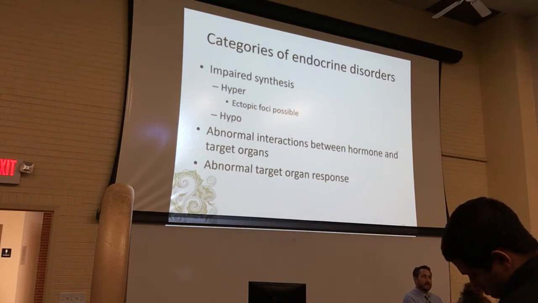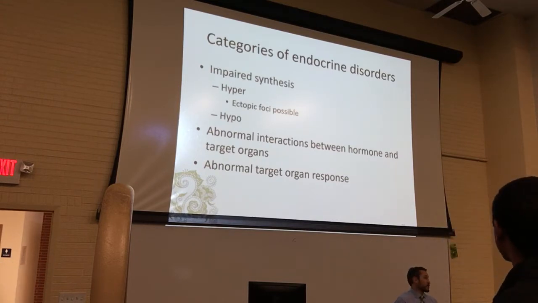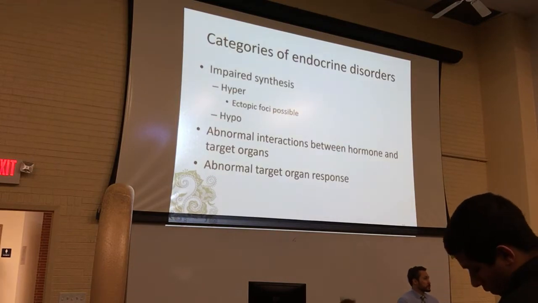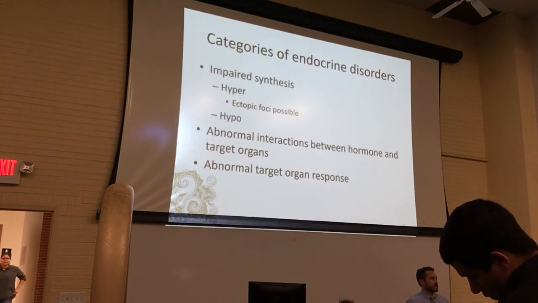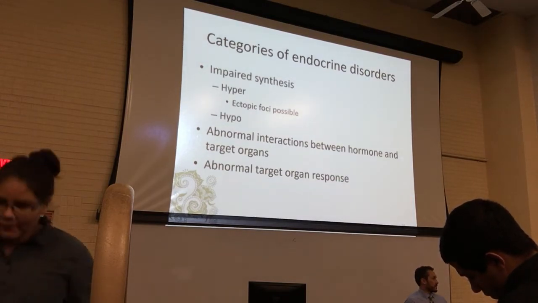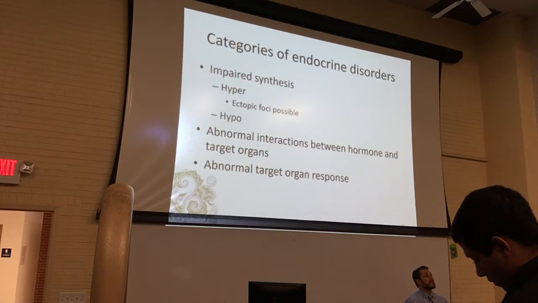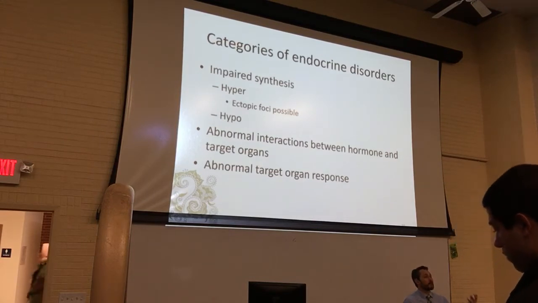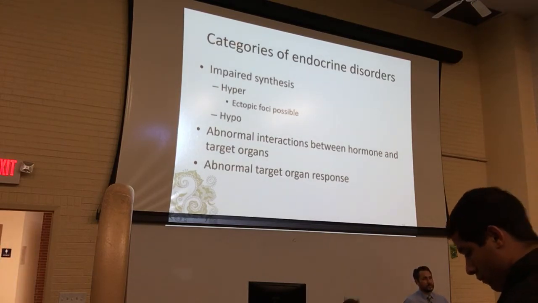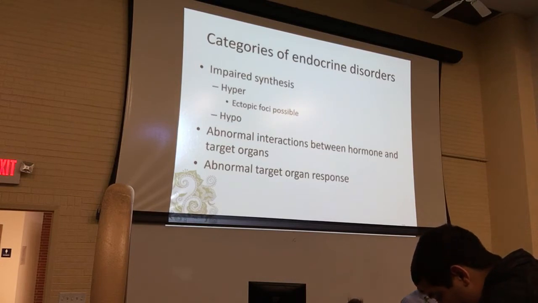It looks like hypothalamus tissue, or it looks like anterior pituitary tissue, and it makes hormone. And so it makes too much. Does that make sense? So it's not cancer, it's benign, but it's growing, and because there's more tissue there making hormone, you get an upregulation of hormone production. You with me?